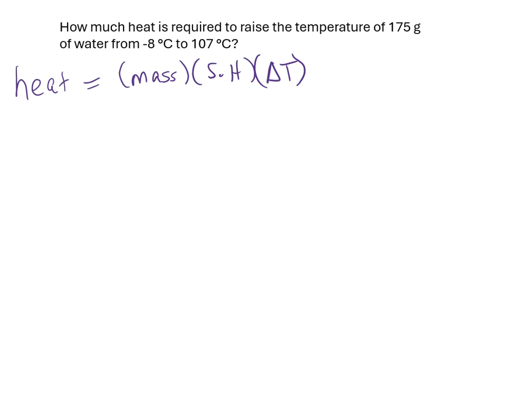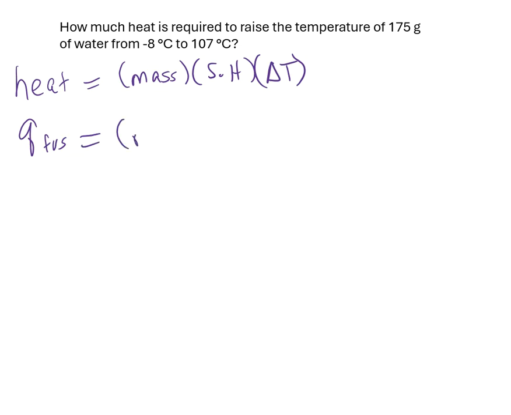Anytime you're dealing with transitions, if you're transitioning from the solid to the liquid phase, that means that we have to overcome our fusion. And so we can call that heat of fusion. You can see it as a Q, you can see it as a capital H. I'm just going to use Q for this, heat of fusion.